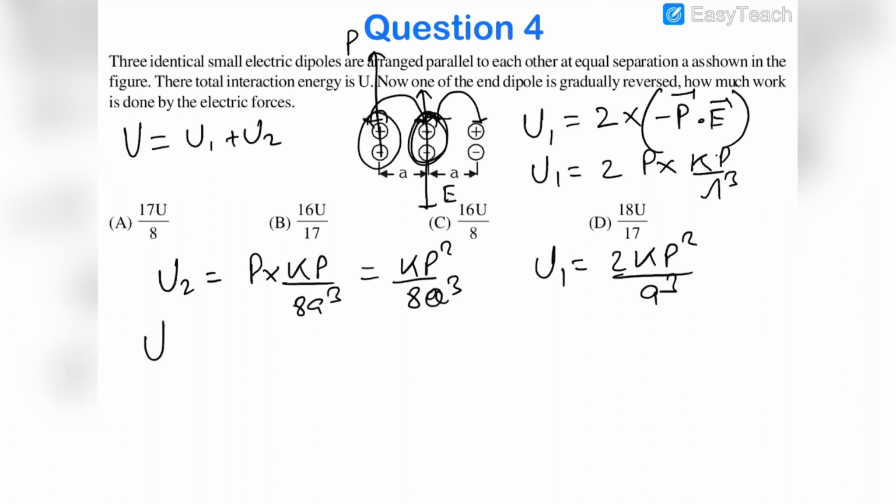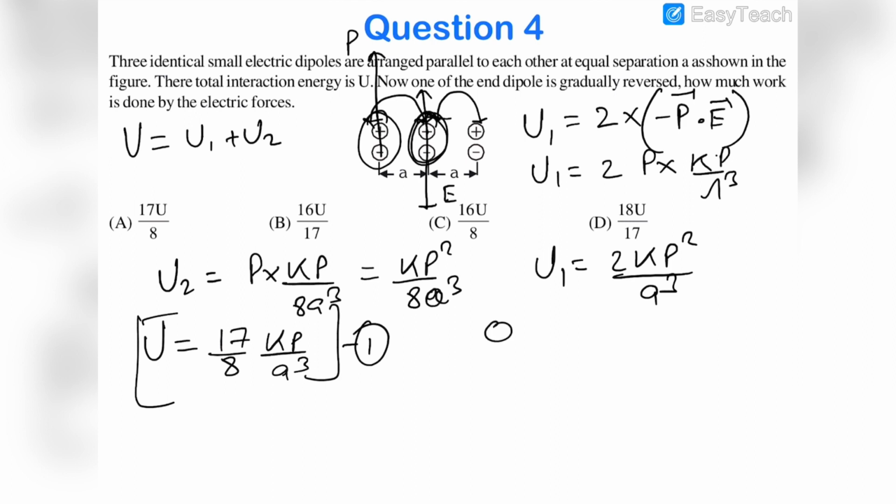So U initially will be equal to 1 by 8 plus 2, which is 17 by 8 kP square by a cube, first equation. Now in the second case, we have gradually reversed any one dipole, so let us find out the work done.